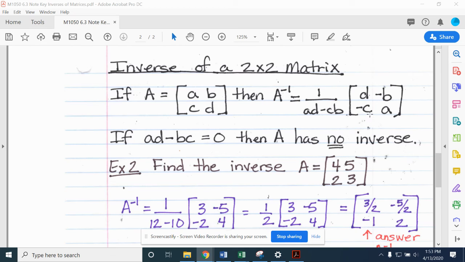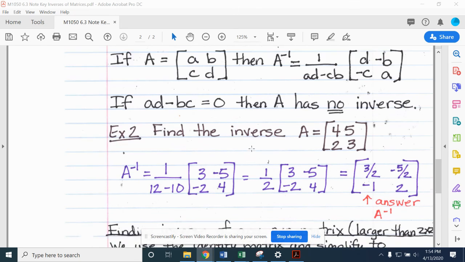Whatever sign C was, it's now the opposite, and whatever sign B was, it's now the opposite. They don't switch places, they just switch signs. So we have switch and flip on the diagonals. Now, if AD minus BC becomes 0, then 1 divided by 0 is undefined. That means this matrix would have no inverse, because you can't have an undefined item.